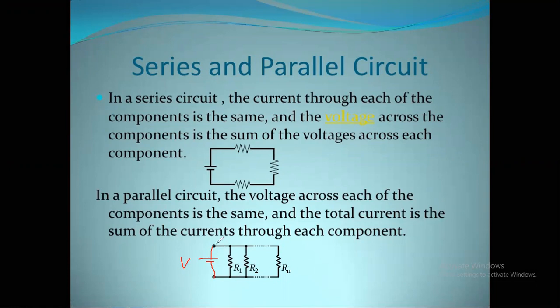But the current shares. Suppose some current I comes to this terminal, that current shares among these devices. Suppose this is I1, this is I2, and like that it goes on, I3, up to IN.